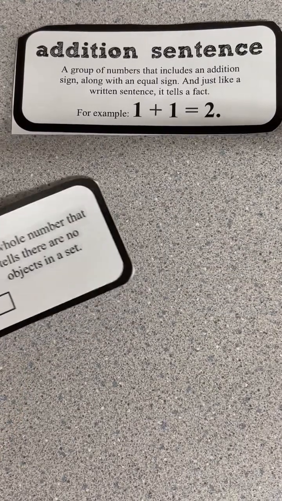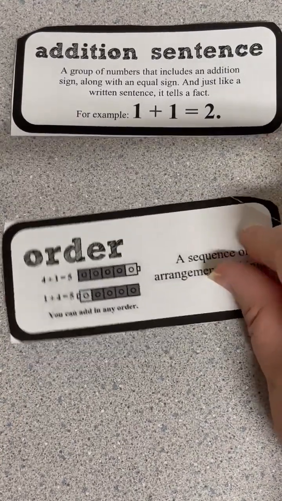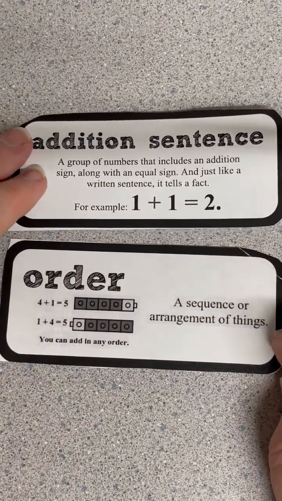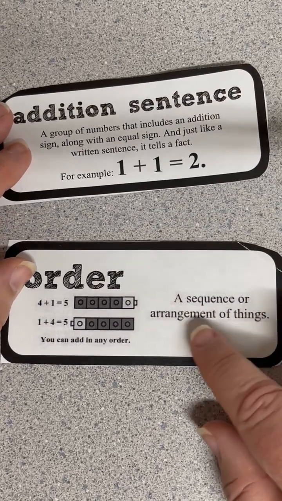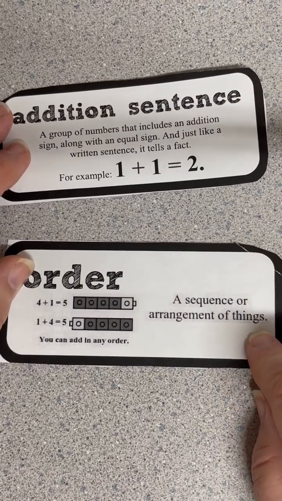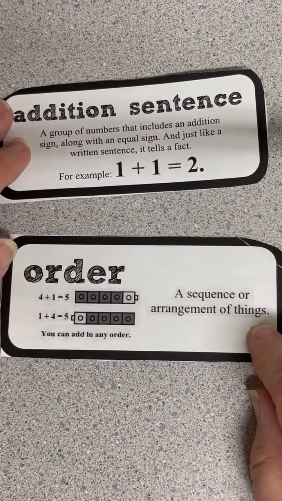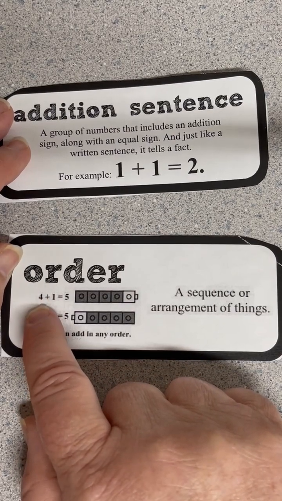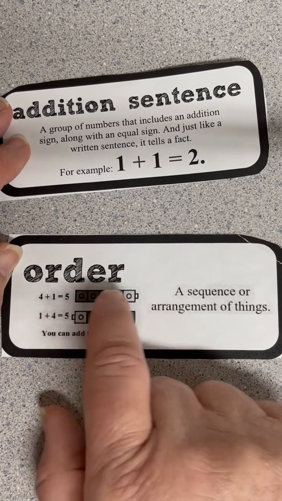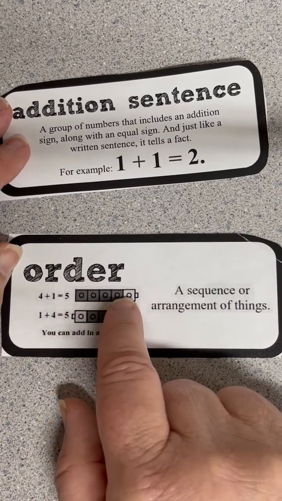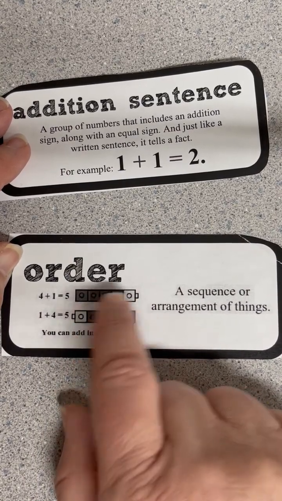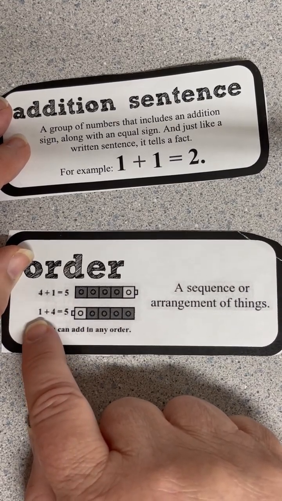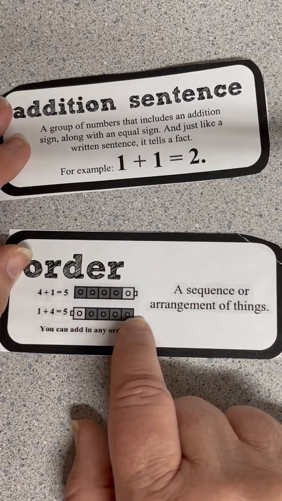And the next one is order. That is a sequence or arrangement of things, which is really a complicated definition. So if we have 4 plus 1 equals 5, and you see there's 4 and then there's your 1, it can also be the same if you have the 1 in the front and the 4 after it.